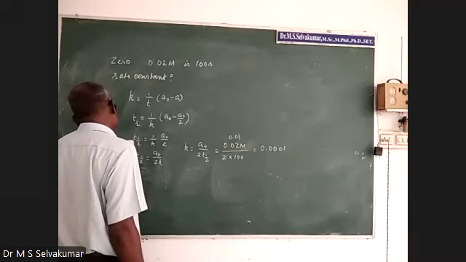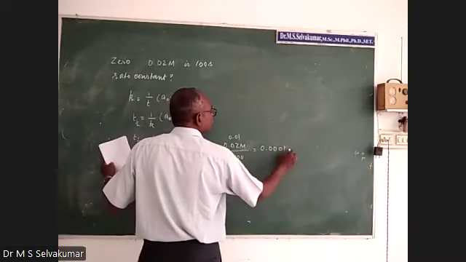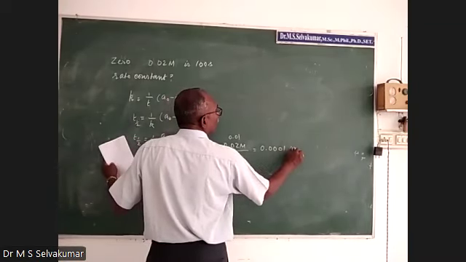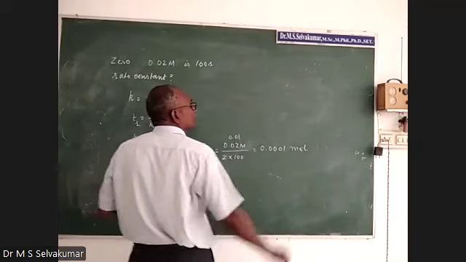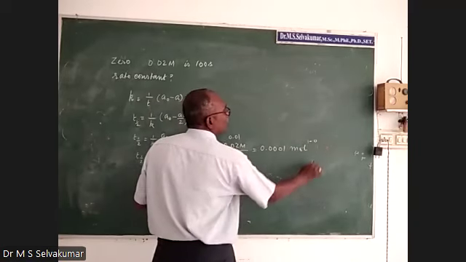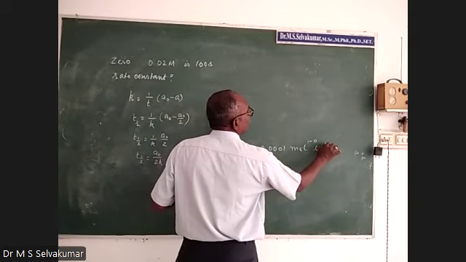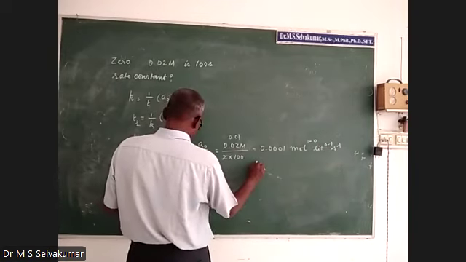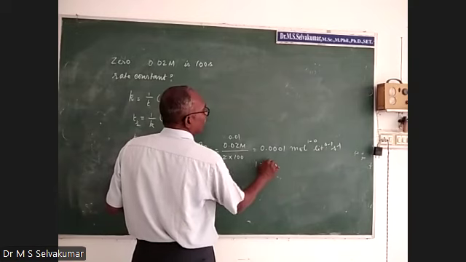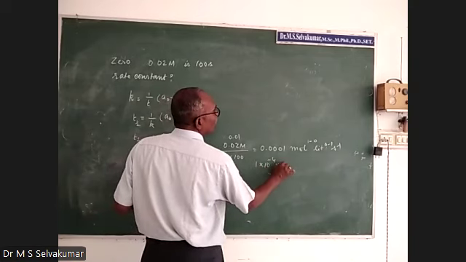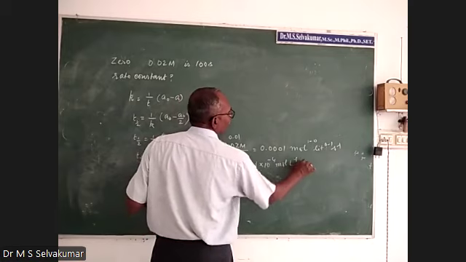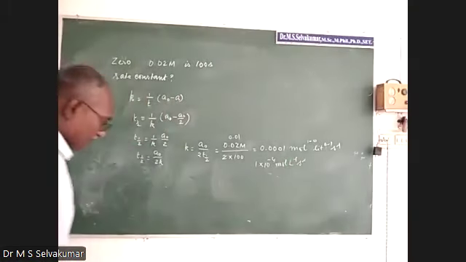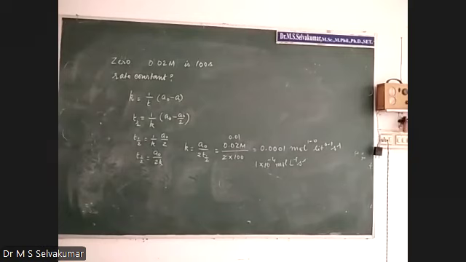It is 0.0001 mole power 1 minus 0, liter power 0 minus 1 per second. So it is 1 into 10 power minus 4 mole per liter per second. So this is the rate constant for this reaction.